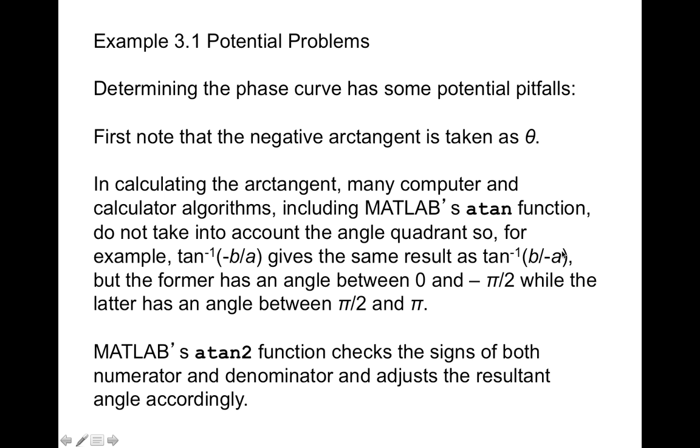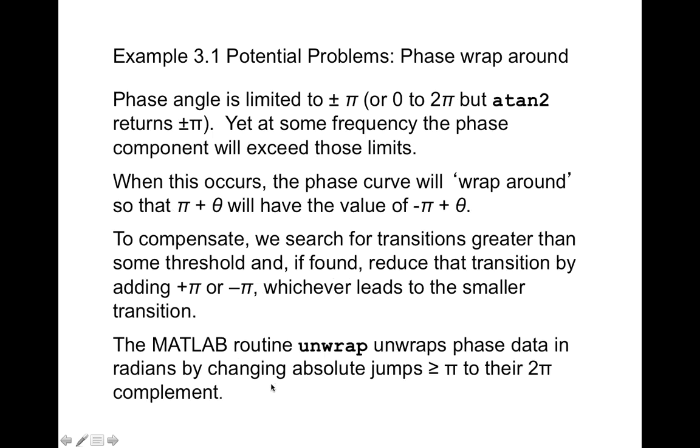If the A part is negative, that means another thing, mainly whether the phase angle falls between 0 and negative pi over 2 or between pi over 2 and pi. So this could be either a negative B component or a negative A component, but it would technically be a different angle. So the atan2 function checks the signs of both numerator and denominator and adjusts the angle accordingly.